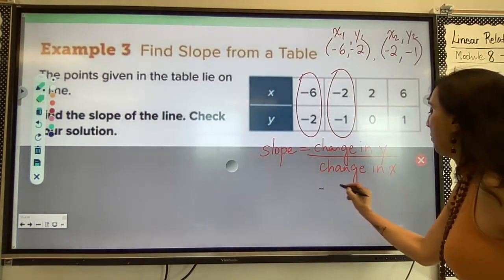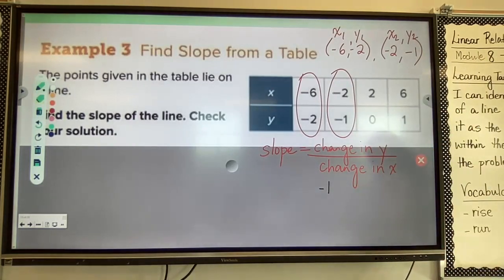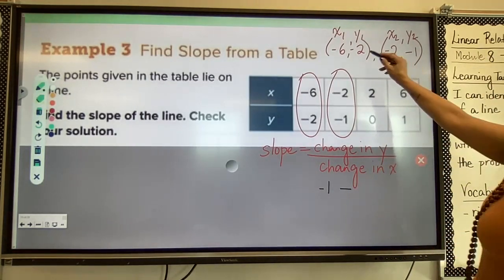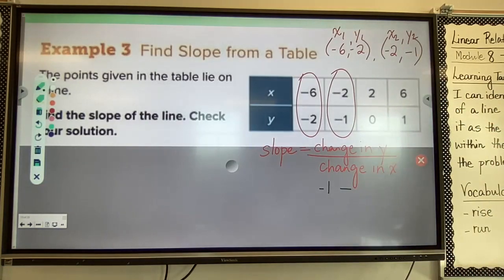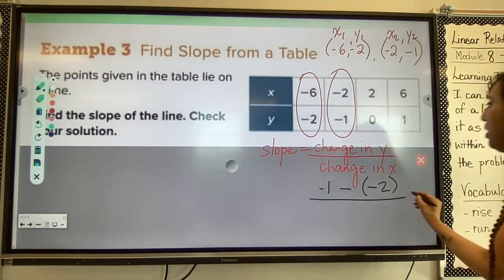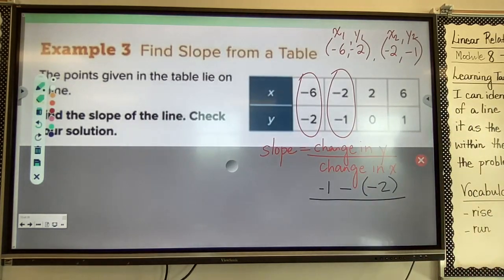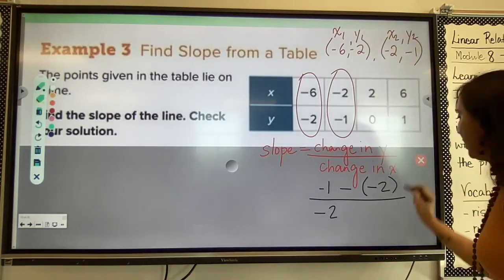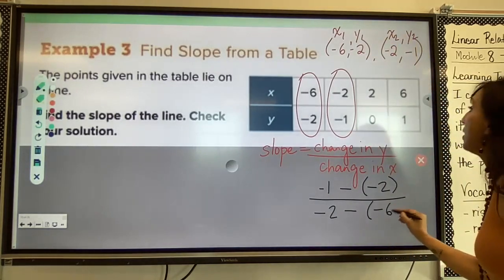So we have -1 minus, what is y1? It is -2. So minus -2 over the change in x, which is going to be -2 minus negative 6.